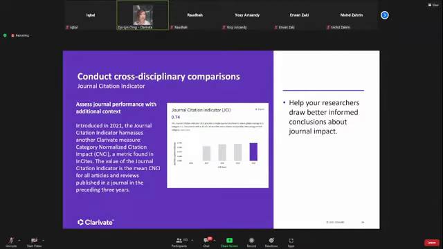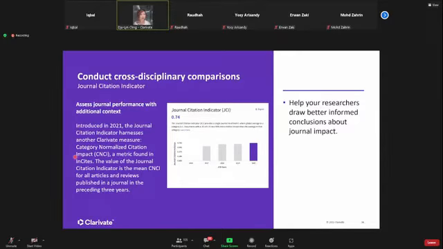Normalized in what sense? It takes into consideration the specialization, the document type, and the publication year. It uses this particular indicator called the CNCI, Category Normalized Citation Impact, that we have on Insights, which is our other tool.